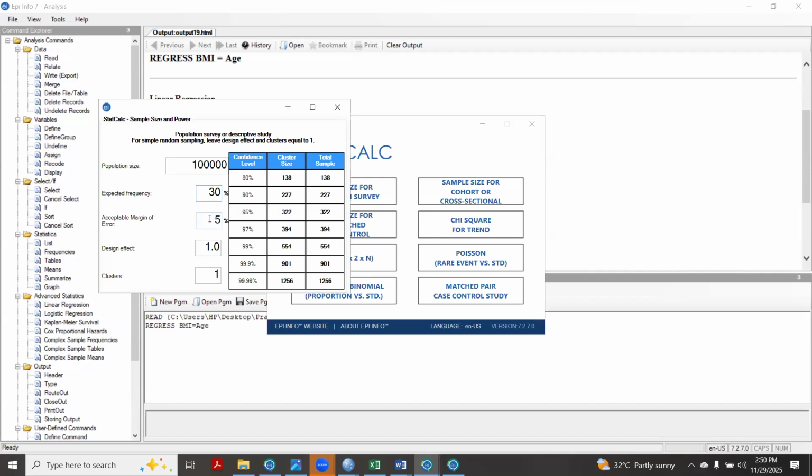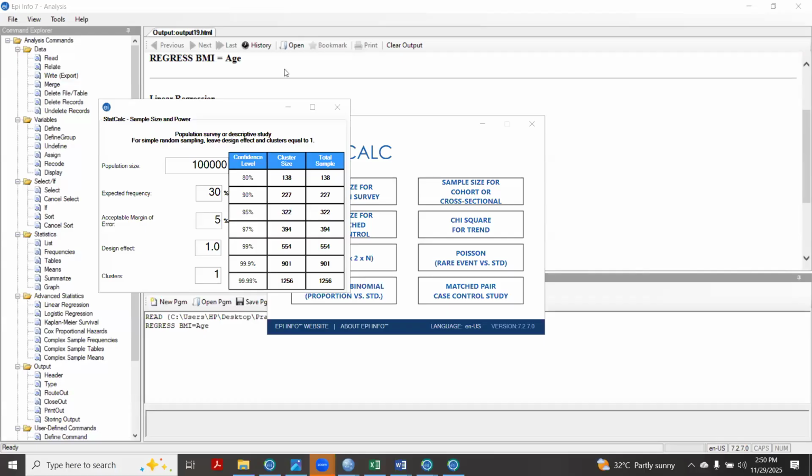Design effect simply means if you have a cluster like Salihu was talking about a cluster, meaning you are going to be collecting your data from different clusters. Okay? Maybe a primary school is a cluster.